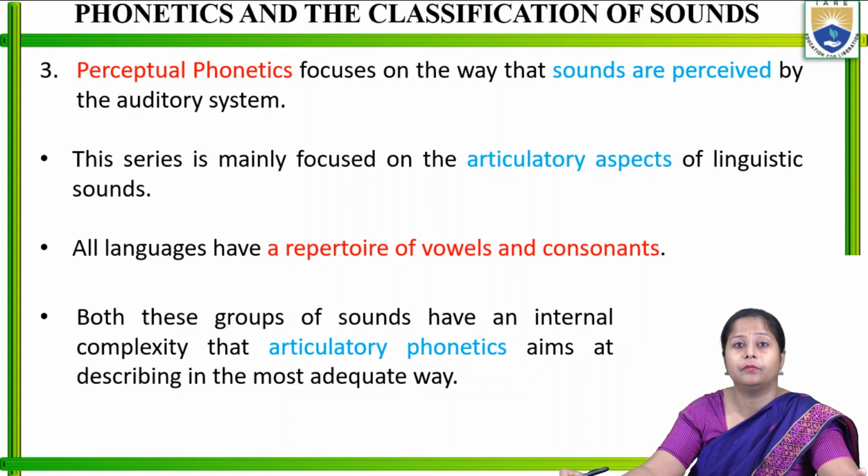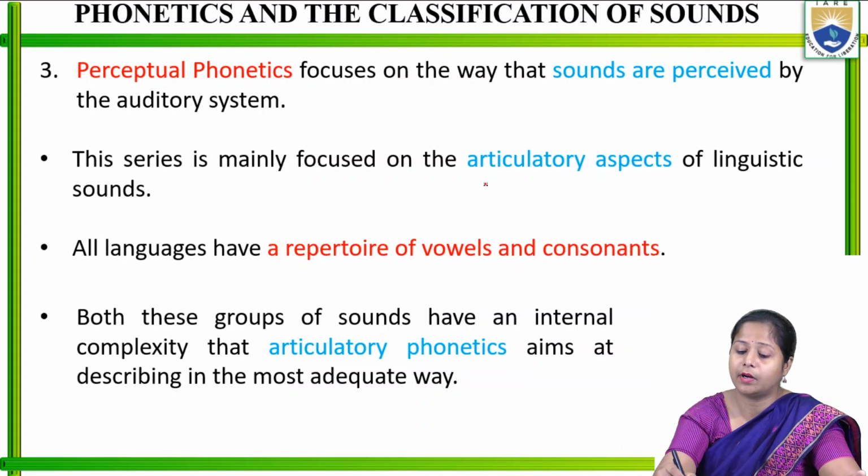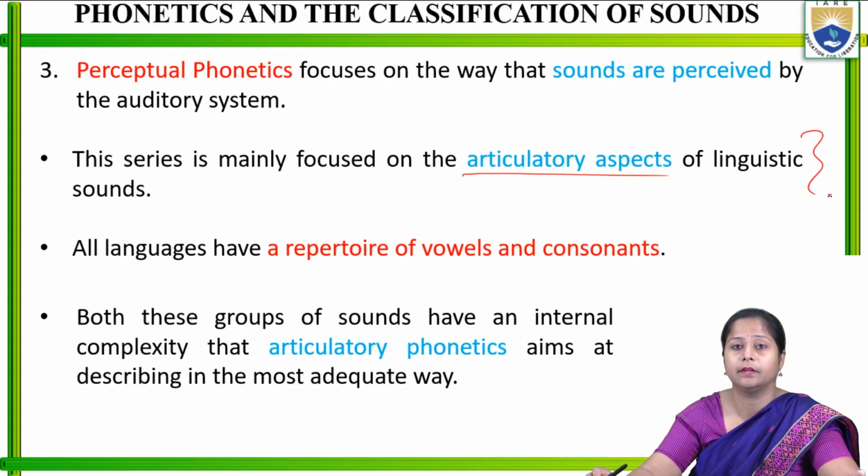That is perceptual phonetics. The machine has to make perception out of the sounds. This series is mainly focused on the articulatory aspects of linguistic sounds. Mostly all types of speech will be based on articulatory phonetics only.